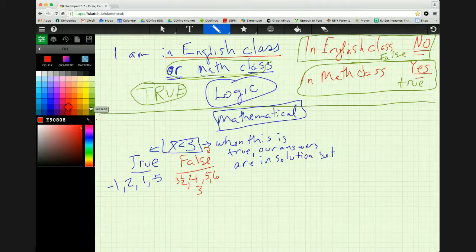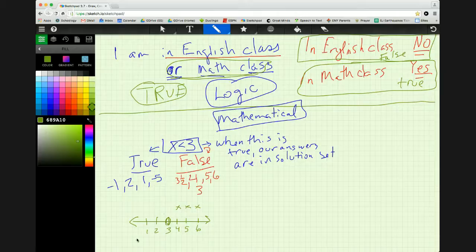So let's look at this on a number line. Kind of what's in the middle is this number 3, then 2, 1, and numbers that make it false, 4, 5, 6. These ones don't work over here, and even 3 doesn't work. So the way that we symbolize that 3 doesn't work is we make our circle here.